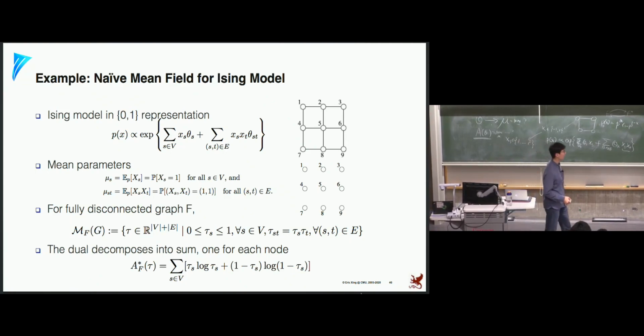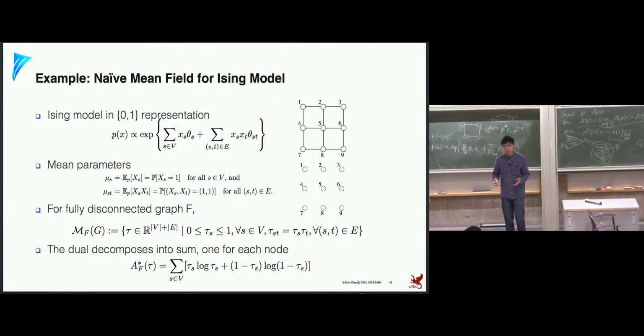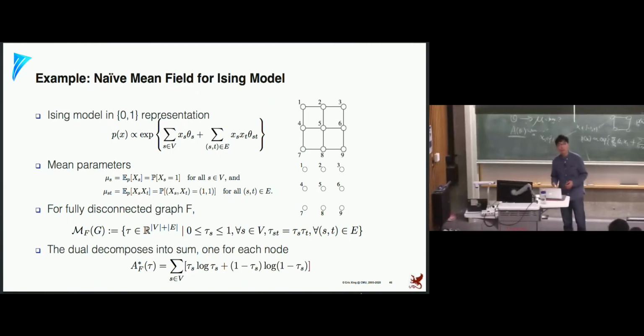This time, the marginal polytope is going to be much simpler. Under this approximation family, because the distributions don't have any interaction terms, the negative entropy is just going to be a multiplication of individual marginal terms. So that's what the final line says.